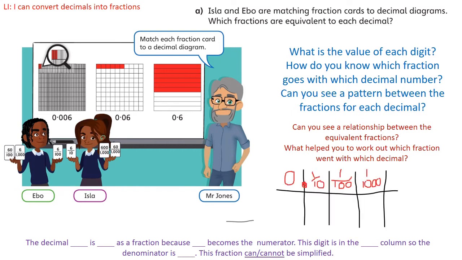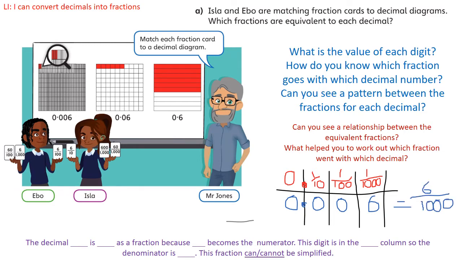We can draw our place value chart here and we can write our digits in. So here we've got 0.006. So what is the value of the 6 in that number? Well, as you can see from the place value chart, the 6 is worth 6 thousandths because it's in the thousandths column on the chart.